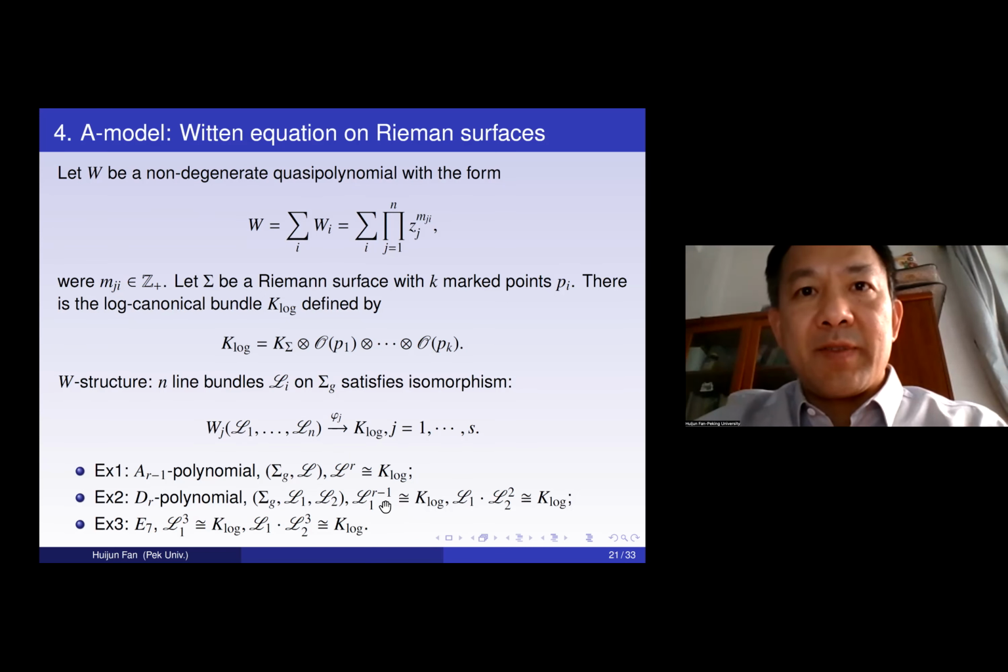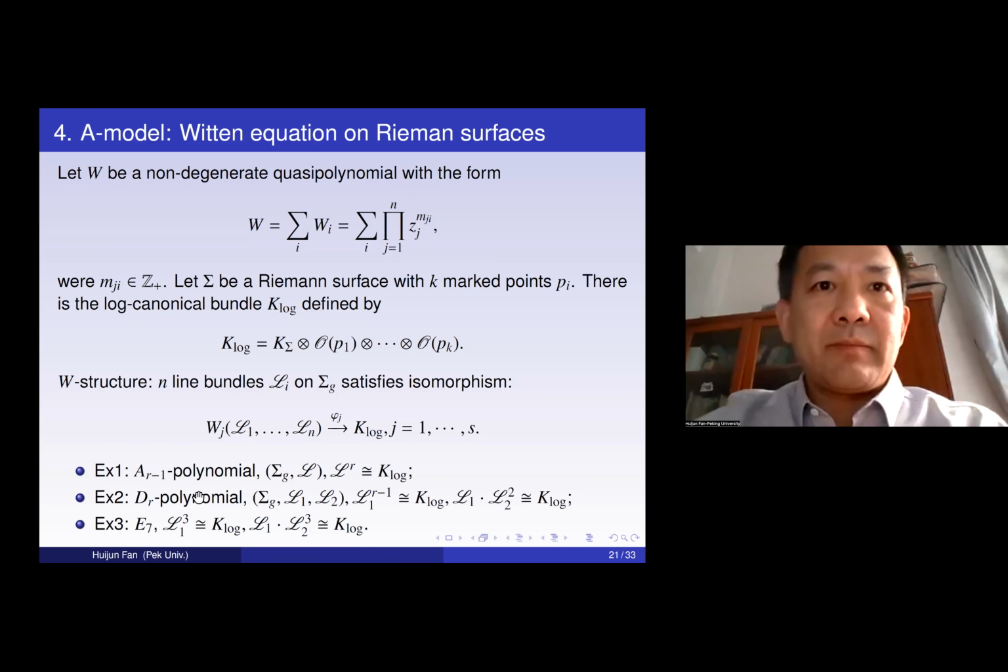This requires that the (r-1)-th tensor power of L_1 be isomorphic to K_log, and L_1 times L_2 squared should also be isomorphic to the log canonical bundle. So this is the W structure for D_r. And the third example is the E_7 case. Similarly, we have those isomorphisms.